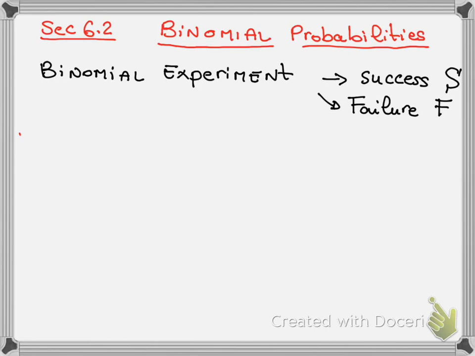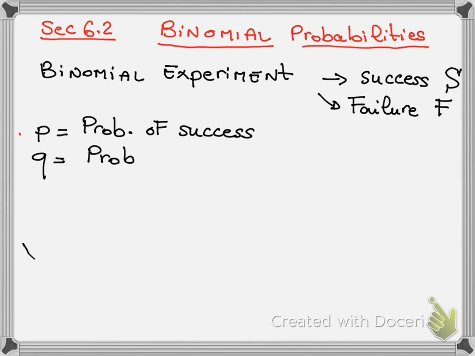Okay, so we have an experiment, and there are only two possible outcomes. Either you have success or failure. I'm gonna denote by P the probability of success. So P, that's probability of success, and Q, that's probability of failure.